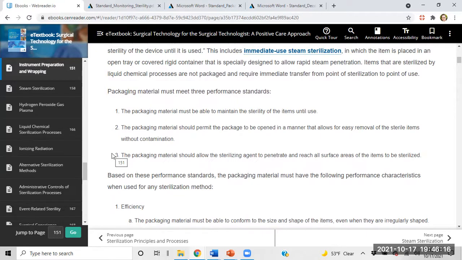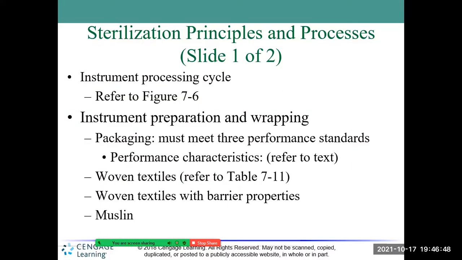Also, they have to be able to be opened in a way that sterility can be maintained, but that is easily accessed. So as you're opening up a tray, you've got to be able to open it in a way that you're not going to contaminate anything, but that there's easy access. And then also the packaging material has to allow that sterilizing agent to penetrate into the equipment and reach every surface of those instruments that are to be sterilized.